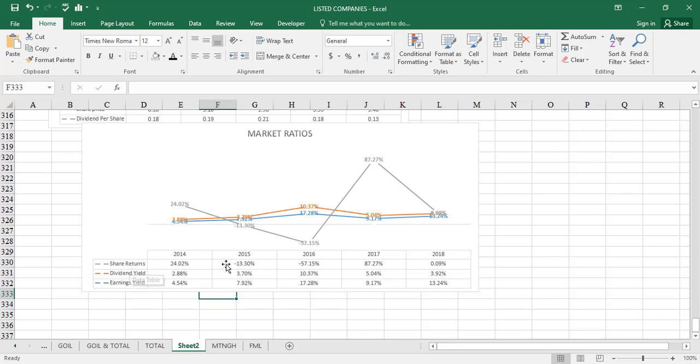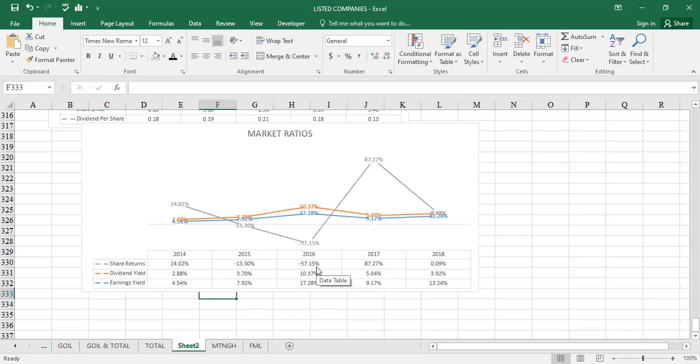So looking at shareholders of Total Ghana for 2014, you can see that they had a return of 24.06% of share return. That is the year on year from 2013 to 2014. Now if you look at that of 2015, there was a negative return of 13.3%, with the highest loss being 2016, from negative 13.3 to negative 57.17%.